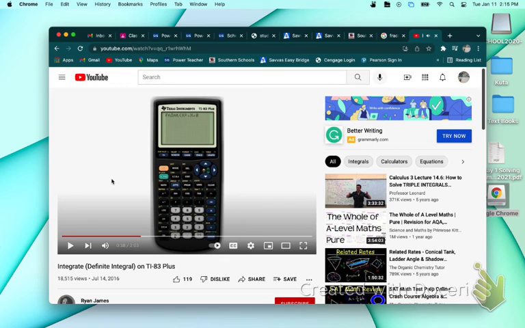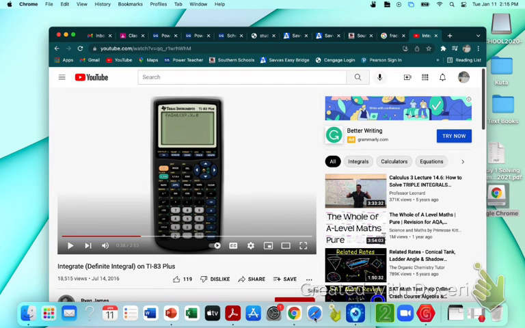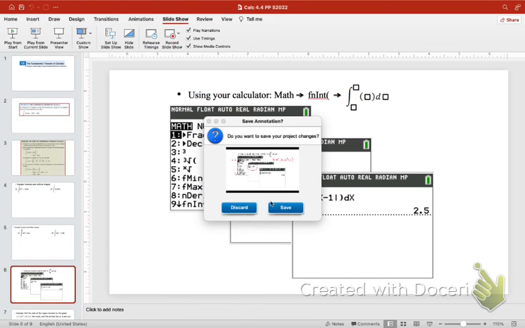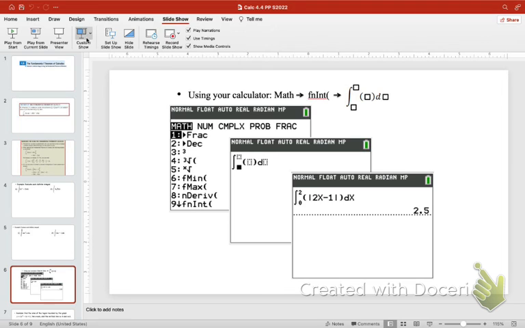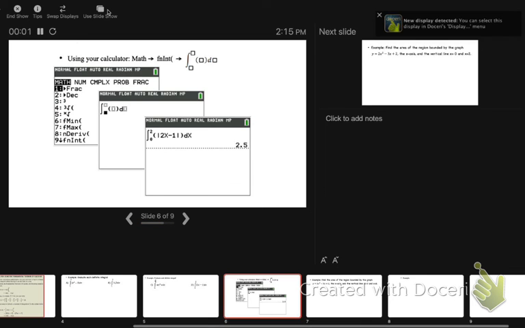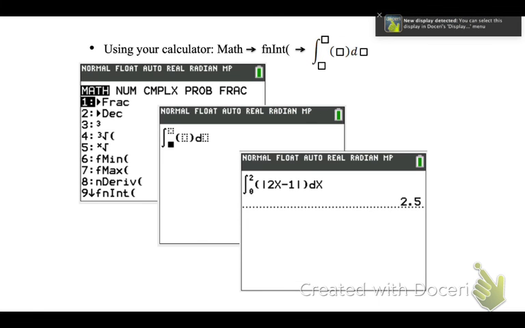Okay, so you put your function in first, which was 3x to the 1/2, right? Let me go back to my PowerPoint so I can write on it. You went to math, math 9. So you have the F, N, I, N, T on your calculator.